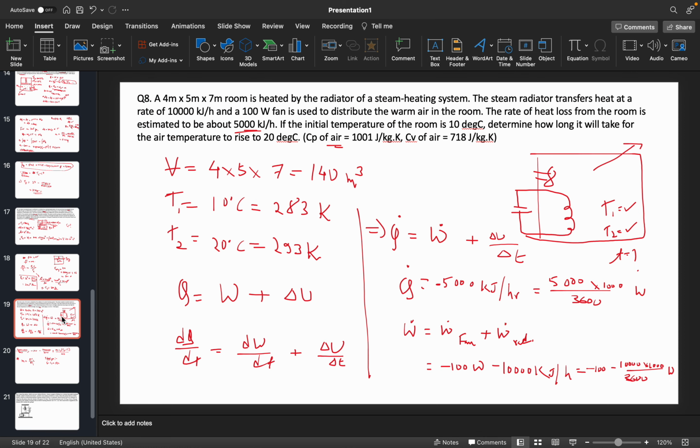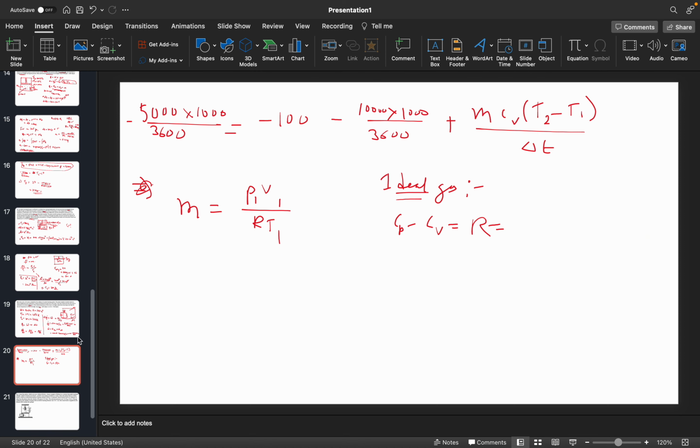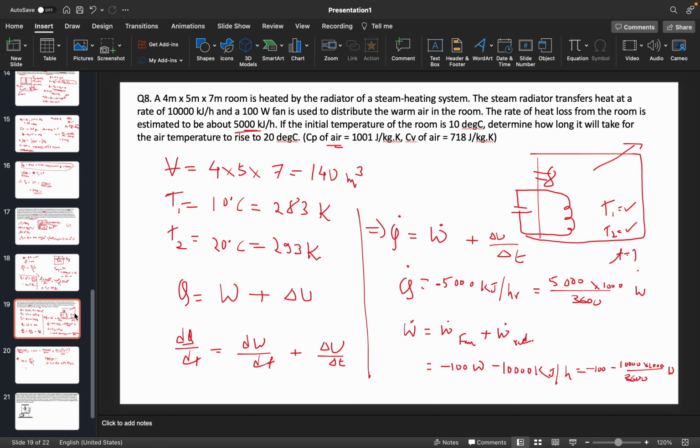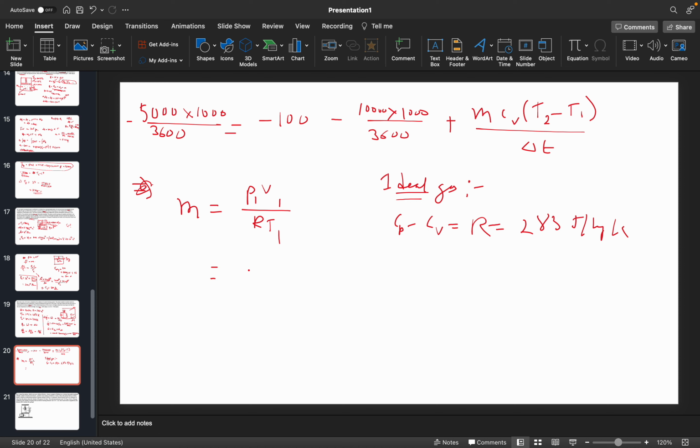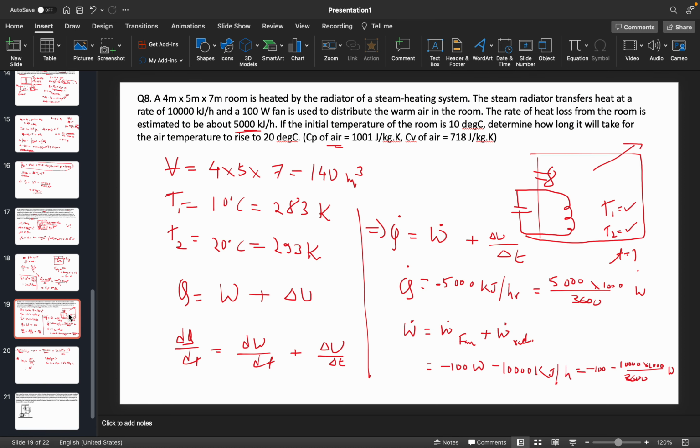So the R will be 1001 minus 718, so it will be 283 joule per kg Kelvin. So my pressure is given, is it given my initial pressure? Oh, initial pressure is not given, but since it is a room, we can take the atmospheric pressure. There are some terminologies which will be hidden. Suppose it is telling about a room and there is air here, by default it is the atmospheric air pressure.